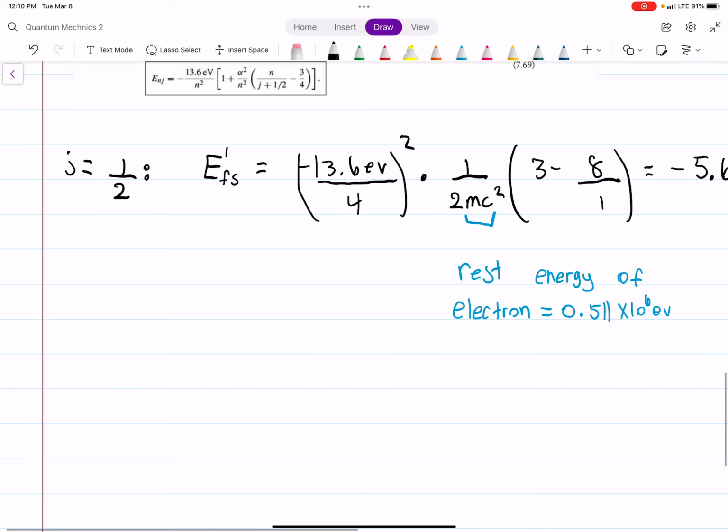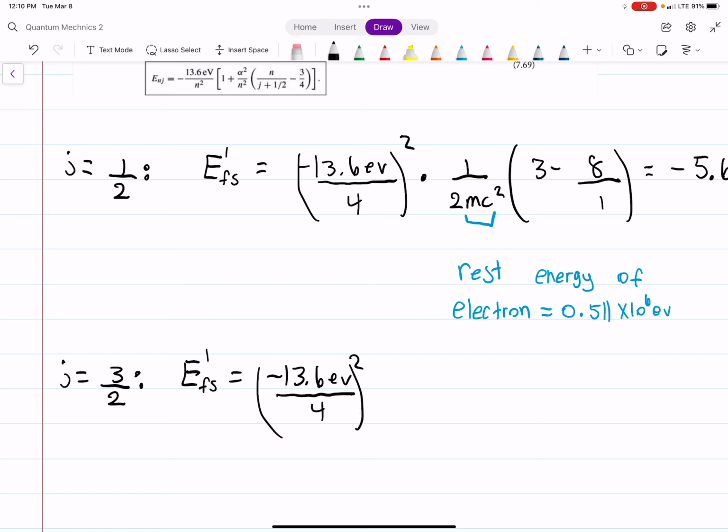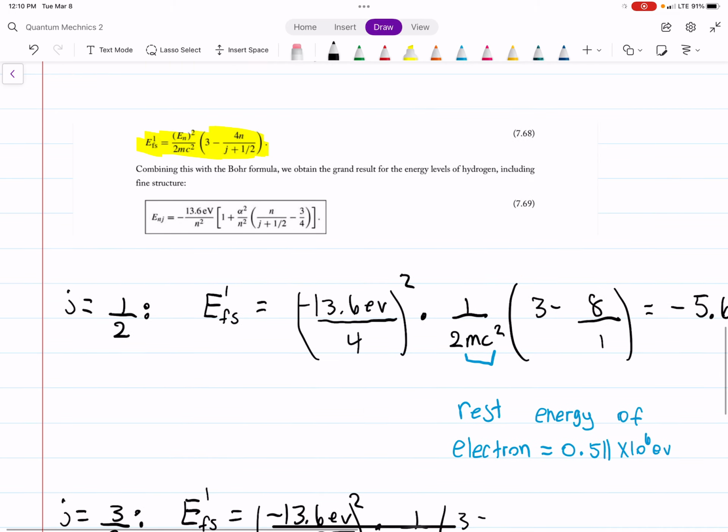And there was also the possibility of J equals 3/2. And you can just do the exact same thing here. Not really much changes except for 3 minus 8.